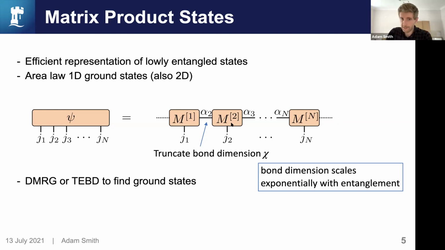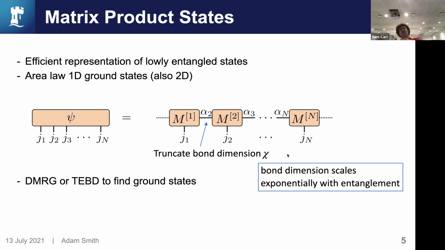And when we've done this, hopefully you've seen diagrams like this, but with these bars connecting the matrices, we can now truncate the size of these matrices, or as it's called in MPS, we can truncate the bond dimension. And by doing so, we obtain a much reduced representation of the state, and because of the low entanglement, this is accurate for these ground states.